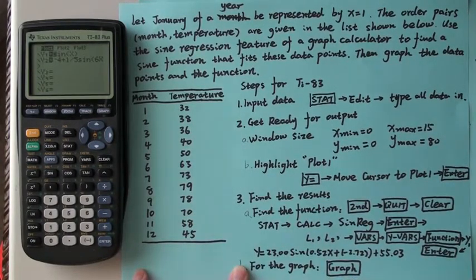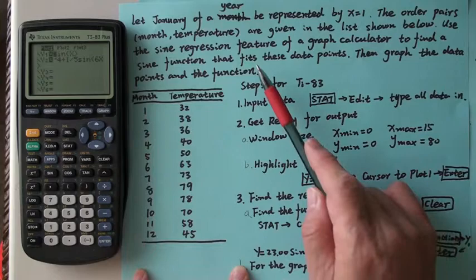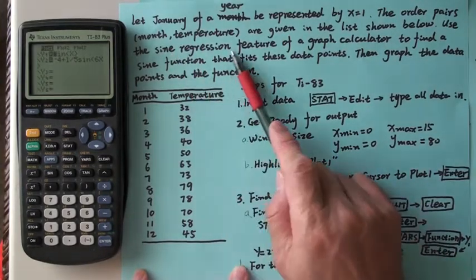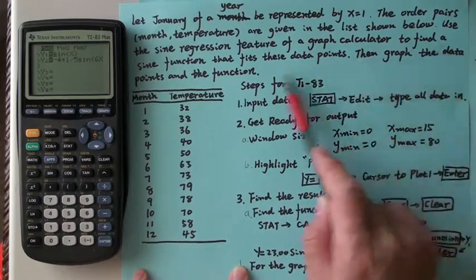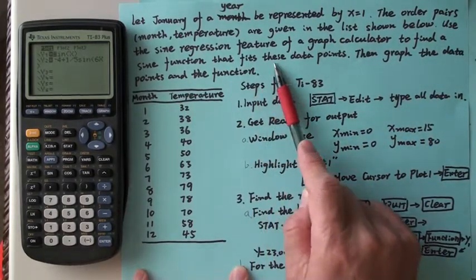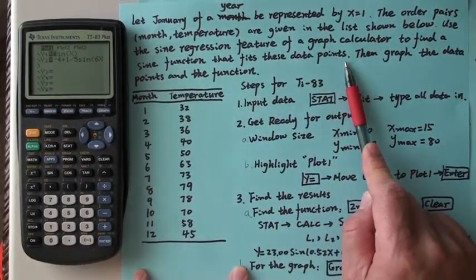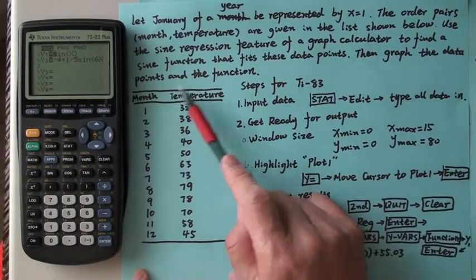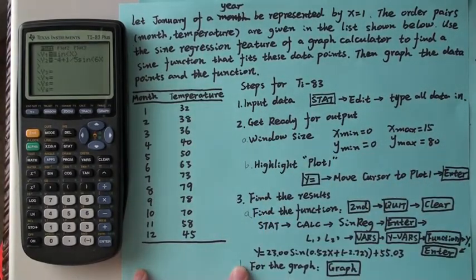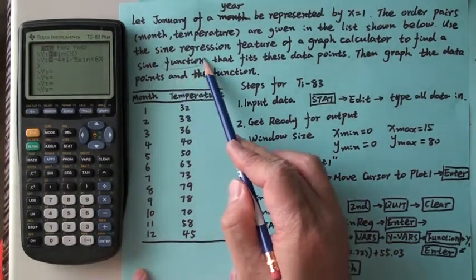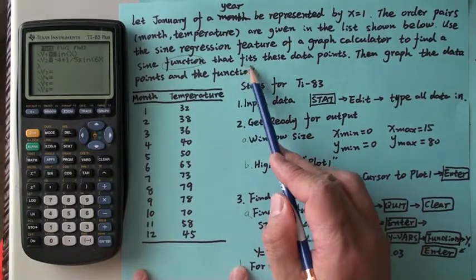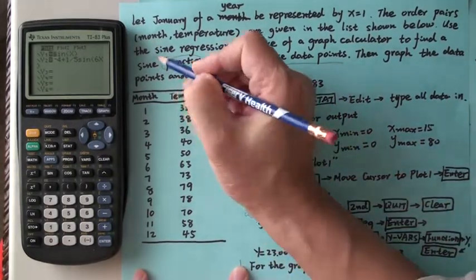That's what it says. So we want to use the sine regression feature of a graphing calculator to find a sine function that fits those data points. Then graph the data points and the function. So the first thing we need is a function to fit those data points.